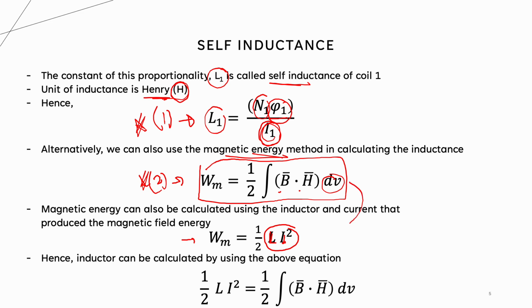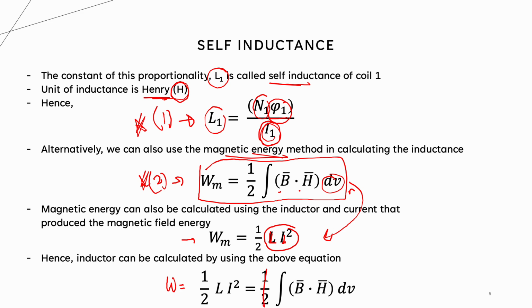If we compare both of these, it can be written as half L I squared is equal to half the integration of B dot H dV.